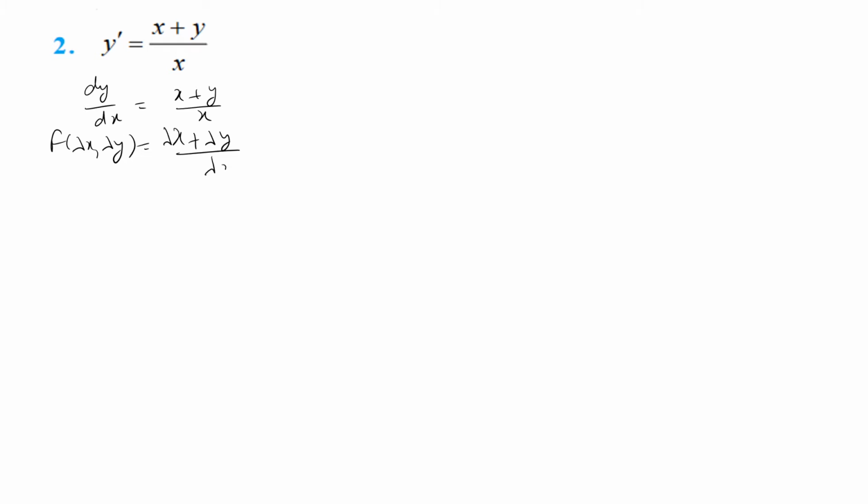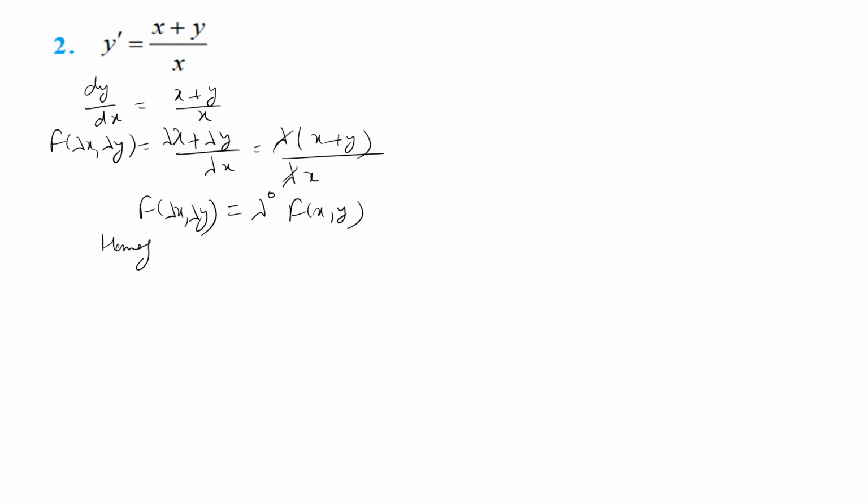You clearly can see that it will become lambda raised to power 0 times f of x y, right? So clearly it is a homogeneous differential equation of the form dy by dx is equal to f of x y.